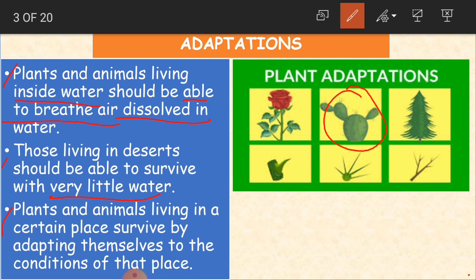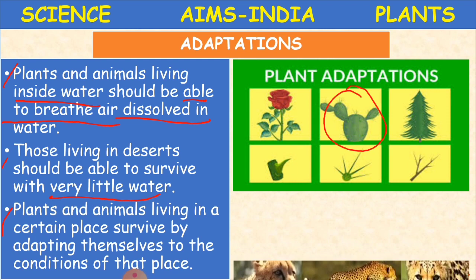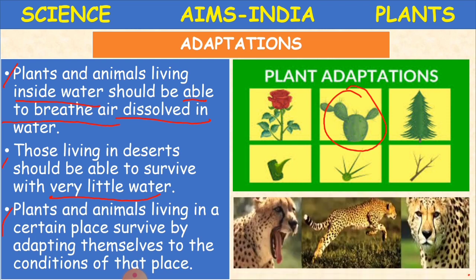Wherever they live, they are making themselves fitted to its environment and climate condition. This process is known as adaptation. Adaptation is nothing but making themselves, not only plants, any living thing, be it an animal or a human being or a plant, live in those particular climatic conditions. Okay, children?